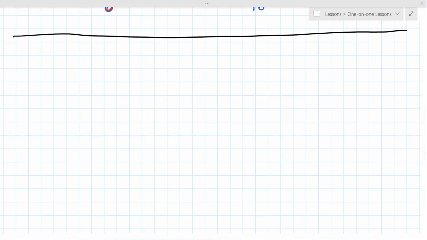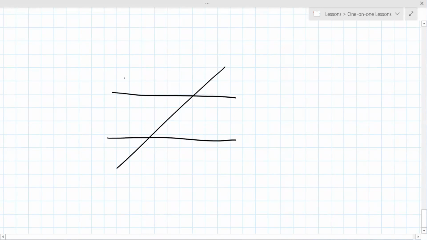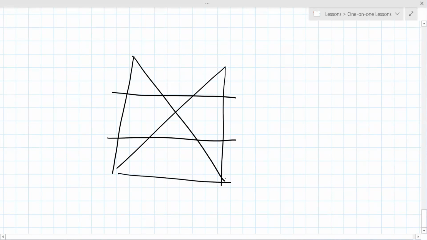Finding angles and sides in a large complex diagram. It used to be that your class would get a pretty substantial problem, like they'd give you two parallel lines and then they'd cut them, and then maybe they'd cut them again, and they might even incorporate some circle stuff.